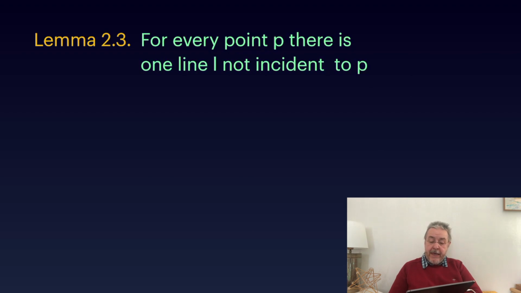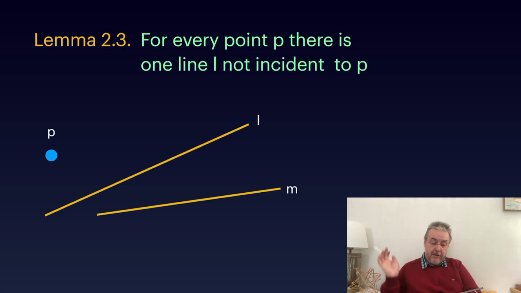For every point P, there is one line L not incident to P, another richness statement. So assume you have a point P, and you may have lines lying around, and say if you have a line L that is somewhere and not incident to P, then you already are done here.